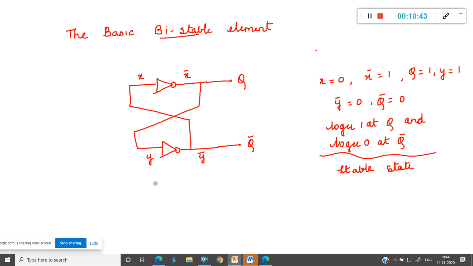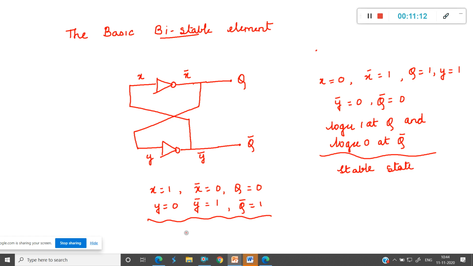Now I assume again X as 1, X bar will be 0. So Q will be 0. Here Y will be 0, Y bar will be 1, so Q bar will be 1.